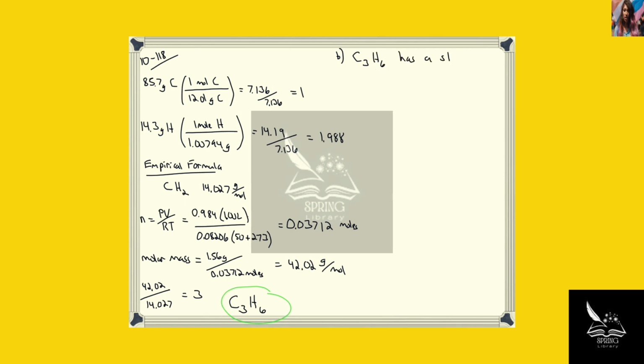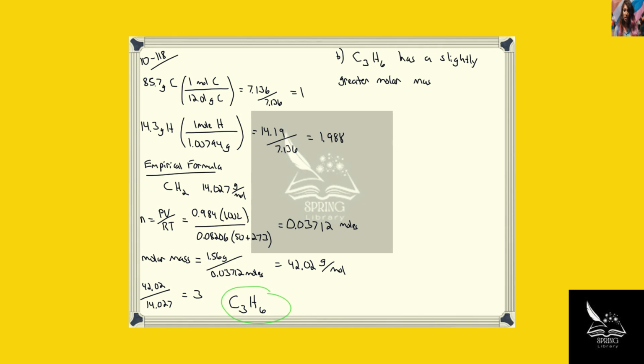Knowing that the molecular formula is C3H6 and that the molar mass is 42.02, if we compare that to argon, the molar mass is slightly greater than argon, which is around 40, and because there are a total of 9 atoms here, this molecule is likely larger than a single argon atom.